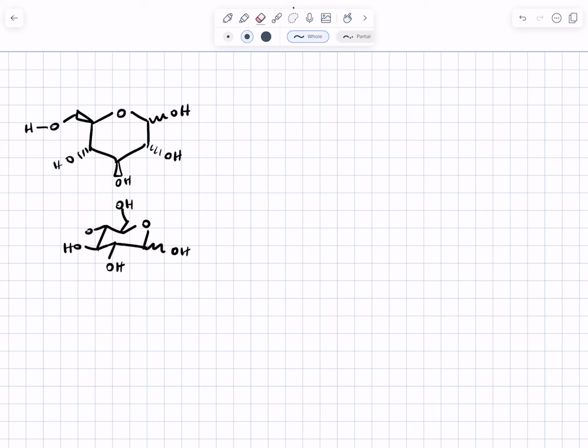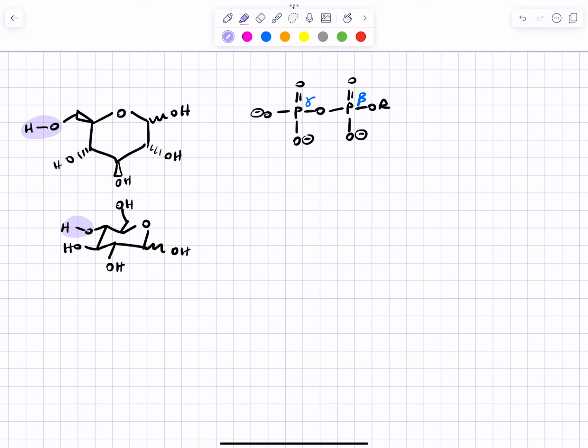All right. So, as I said, your OH group is going to be your nucleophile, and then ATP is going to be your electrophile. We identified in ATP the key functional group is the phosphoanhydride bond between the alpha, nope, I got that wrong, between the gamma and the beta phosphoryl groups.